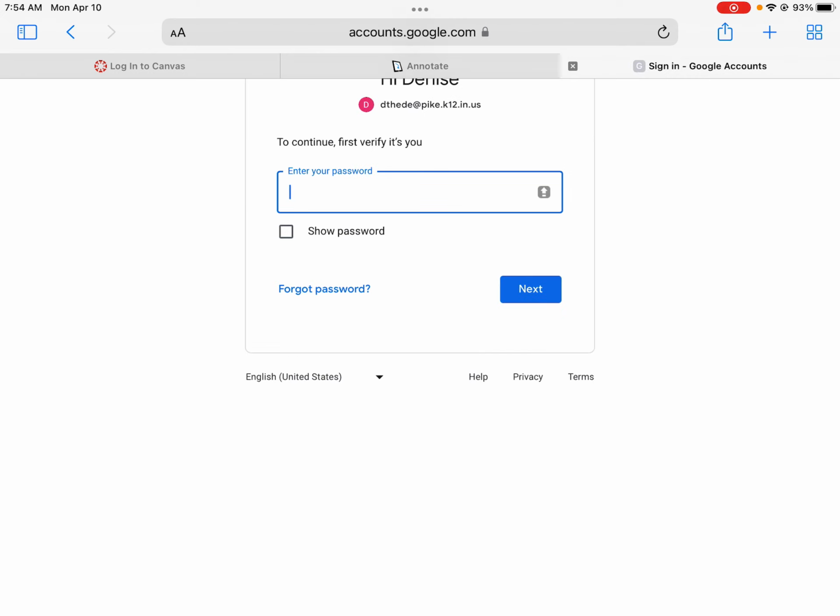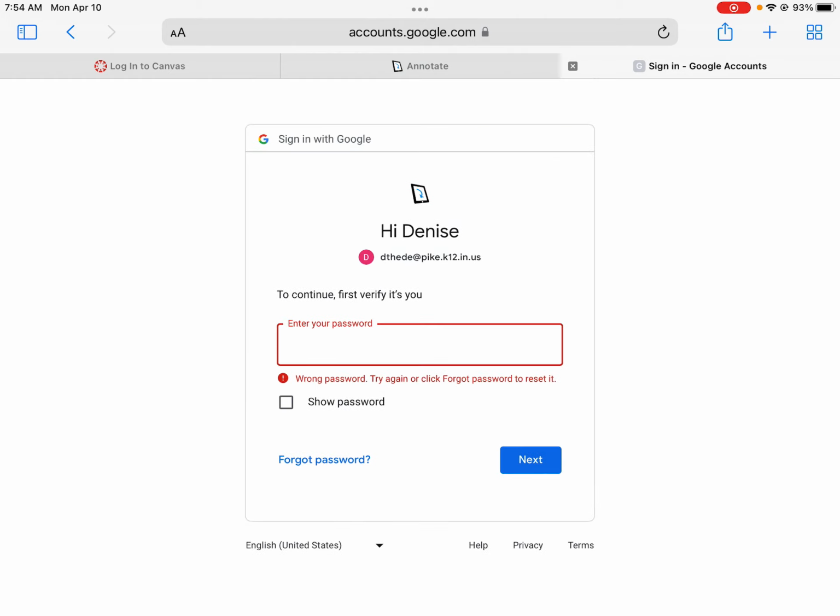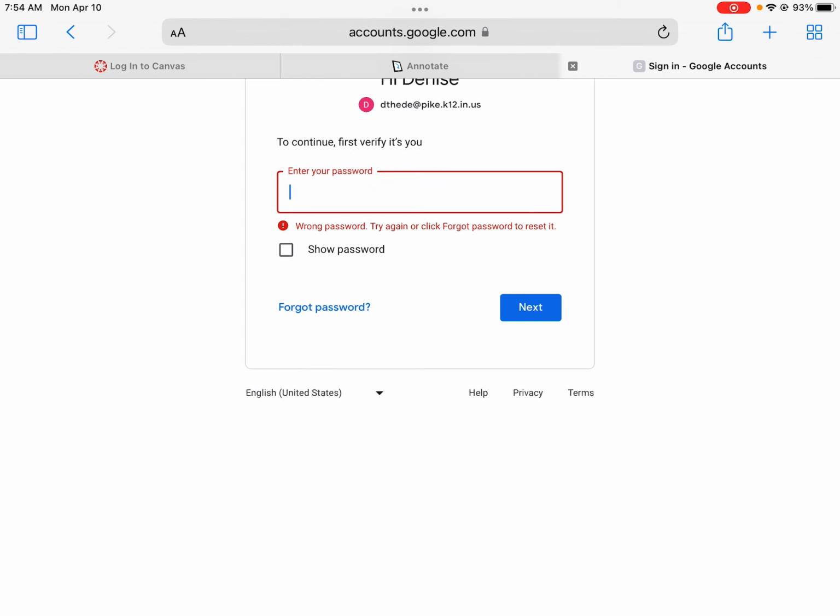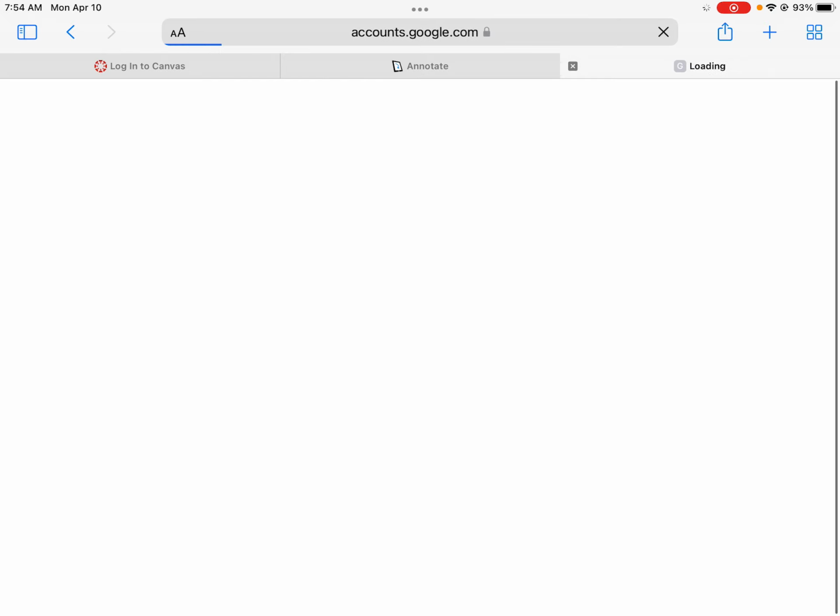Oh my gosh, they want me to show my password. They're lucky I even remember it today. How do I get that? Go. Oh, they didn't like that. Great. Okay.